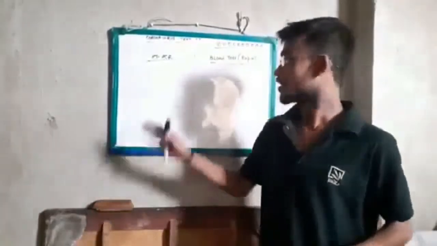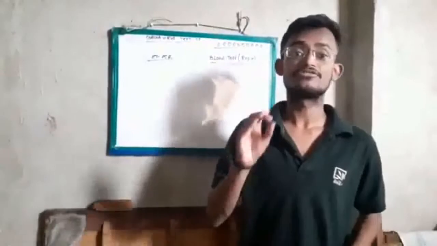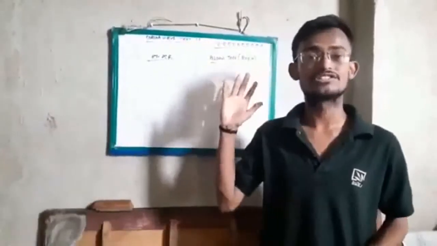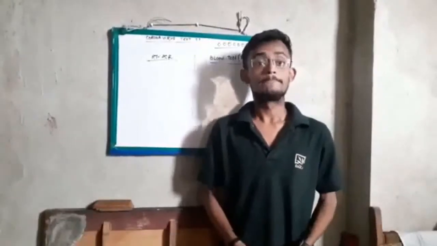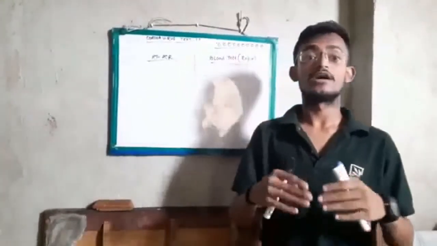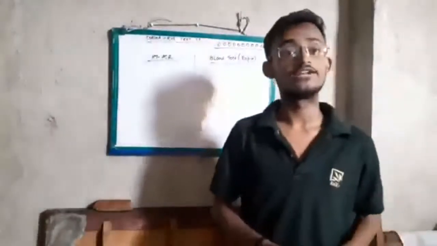If the test gives a negative result, then the person is free from this virus, but maybe he or she has a general flu or fever. But how can we detect whether a person is infected with COVID-19 or not?